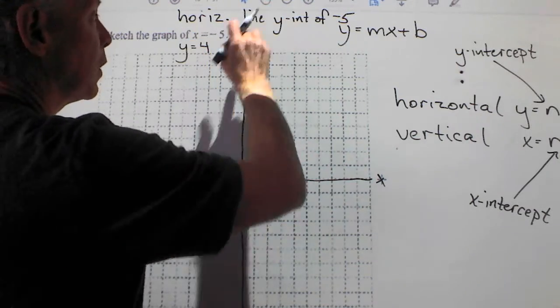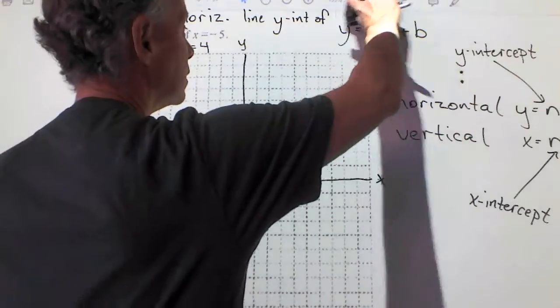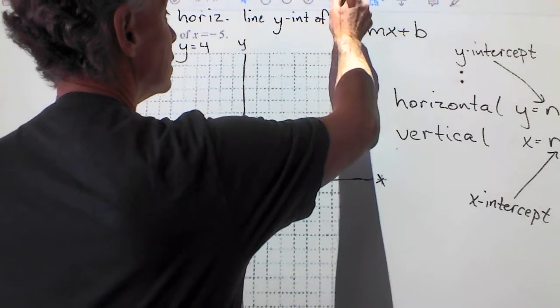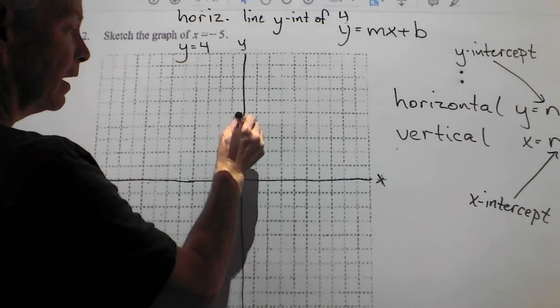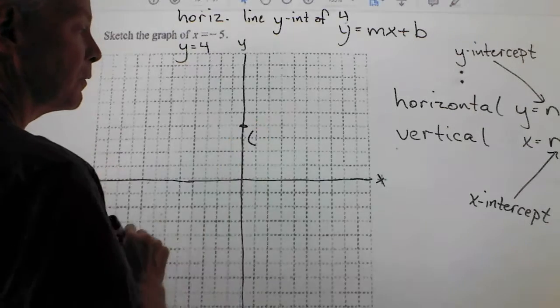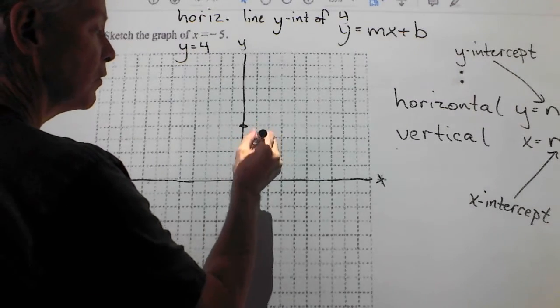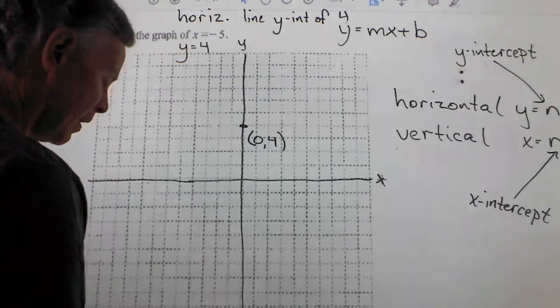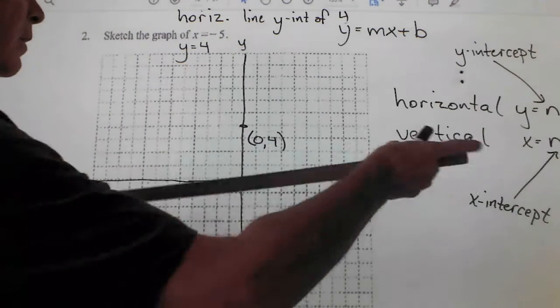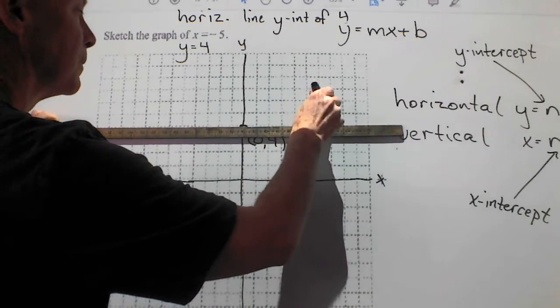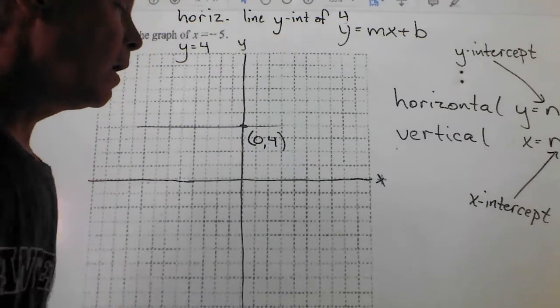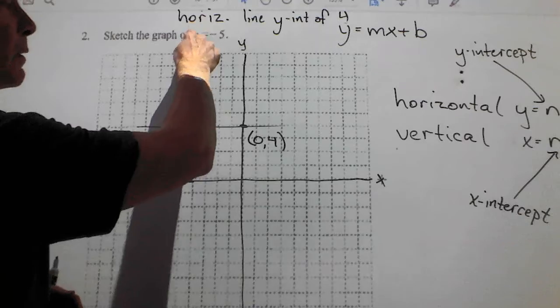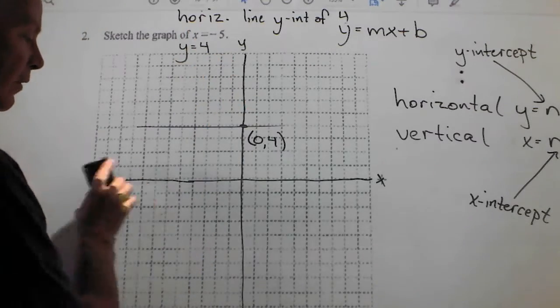Because you can see there's a y there, of 4. So, 1, 2, 3, 4, there I am. The coordinates of that point are at 0 for the x, 4 for the y, and this time it's a horizontal line. Okay? So just remember, if there's only one variable, it's going to be one of those special cases.